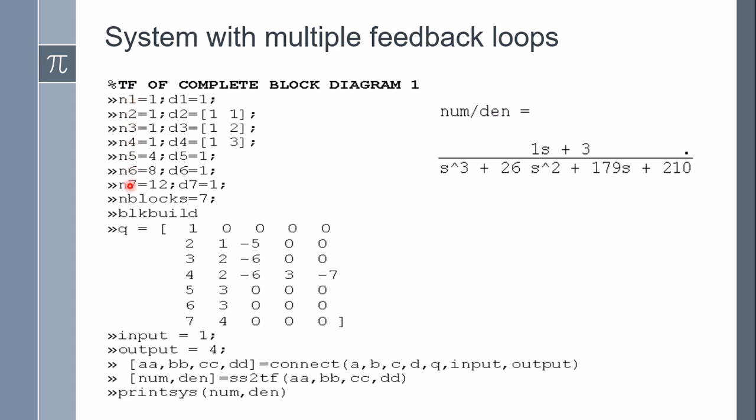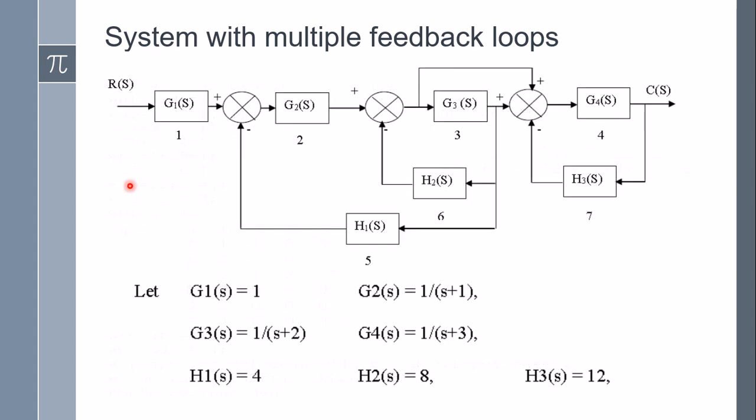So we have to represent them in the first 7 lines, where we are defining the system transfer functions. For the constant coefficients, G1, H1, H2, H3, there is no denominator polynomial, which means the denominator value is 1 and the numerator is a constant.